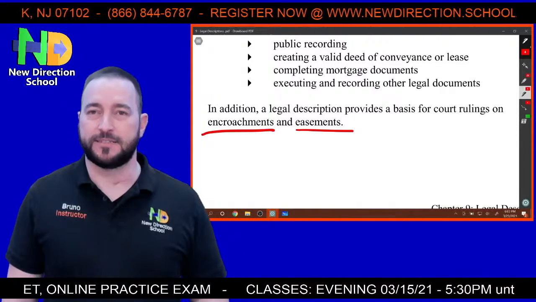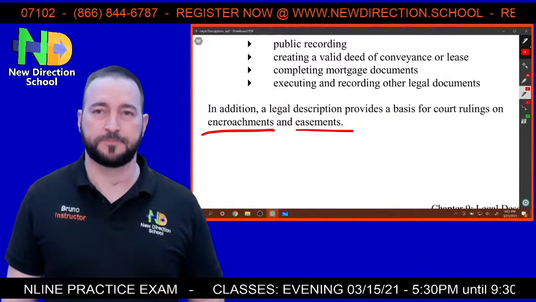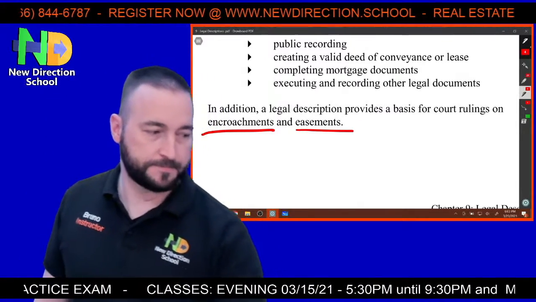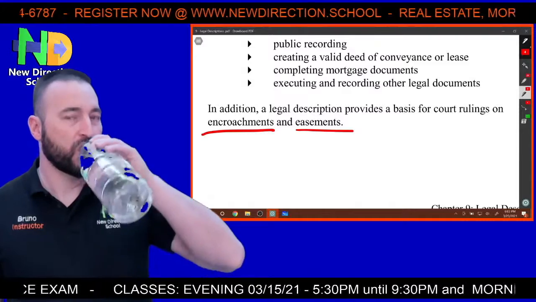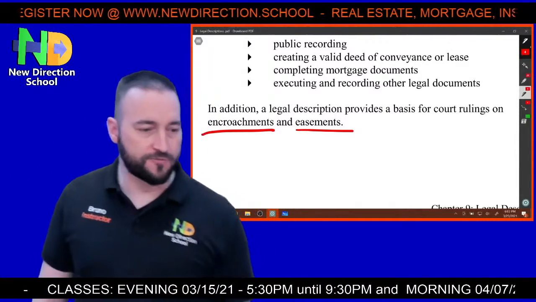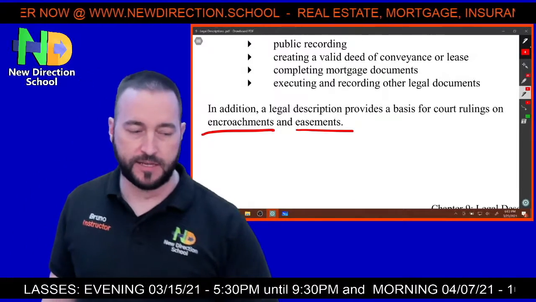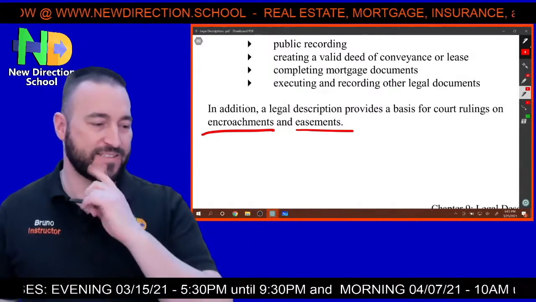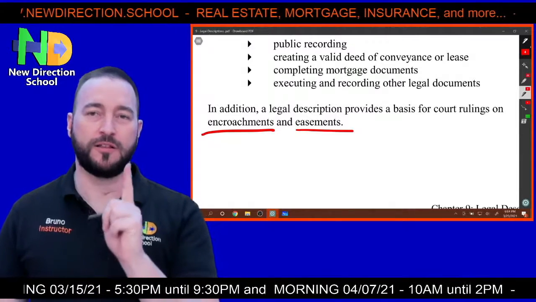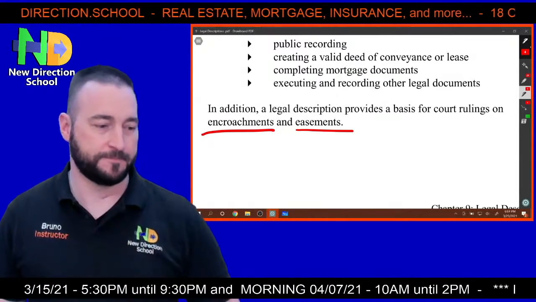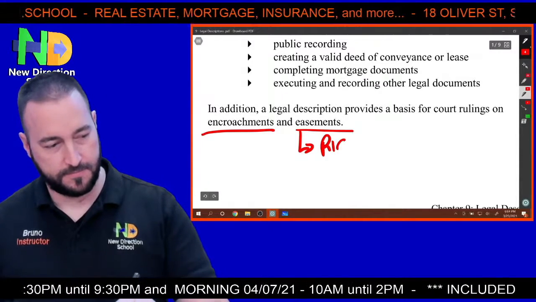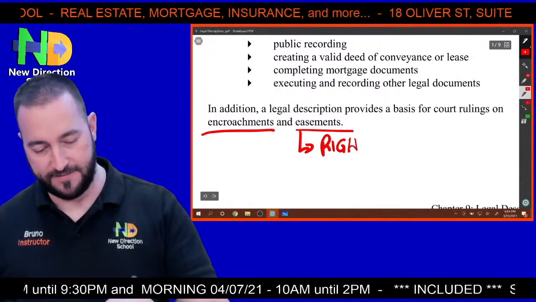What about easements? What is an easement? Anybody? A right to someone's property. There's something missing there, Sebastian. You got everything. There's one word missing there. And Stephanie for the save.